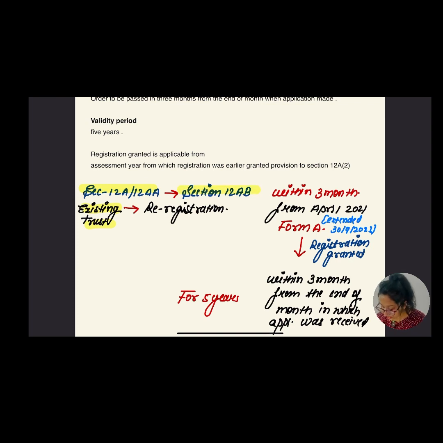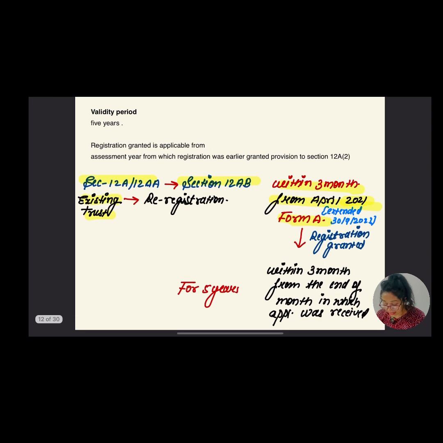Yes, there is a time limit, within 3 months from April 2021, okay. The amendment was made after this time, so that's why they have given the time limit within 3 months from April 2021, in form 10A. This is 10A, okay, and it is now extended up to 30 September 2023, okay. So registration would be granted within how much time limit? Within 3 months from the end of the month in which the application was received.